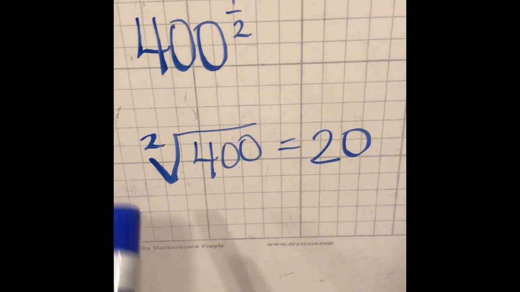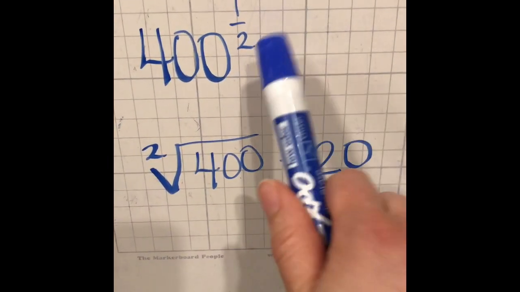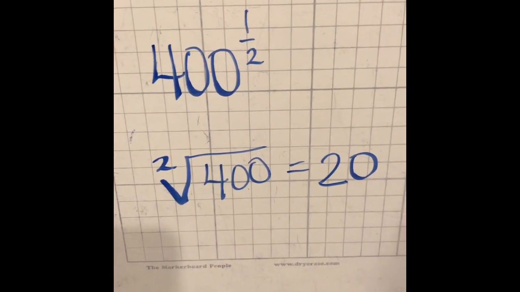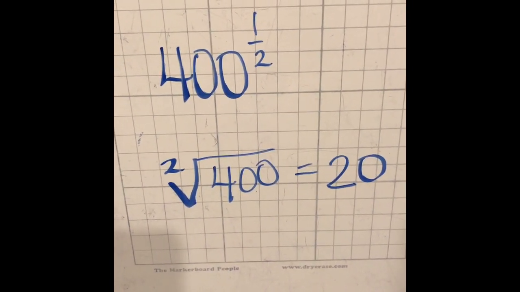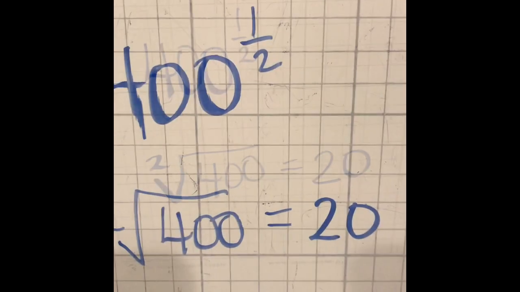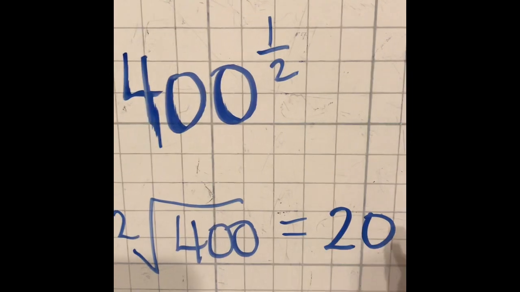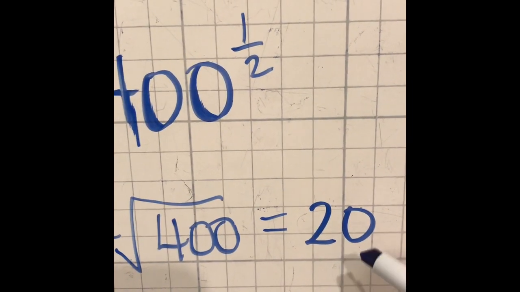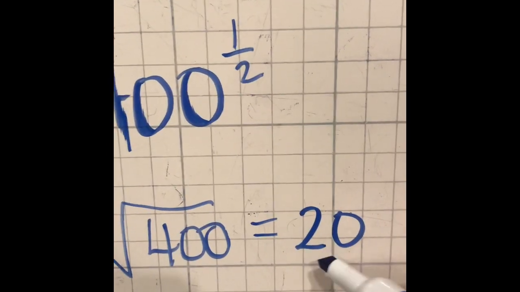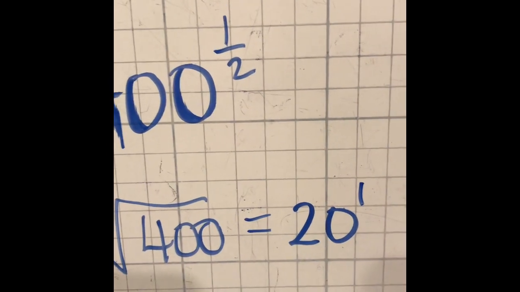So we took care of our denominator here. The denominator represents what root we're going to take under the radical. And now what about the numerator? The numerator represents to what power our answer has to be raised. So because it's a numerator of 1, we're just going to take our base and raise it to a power of 1.